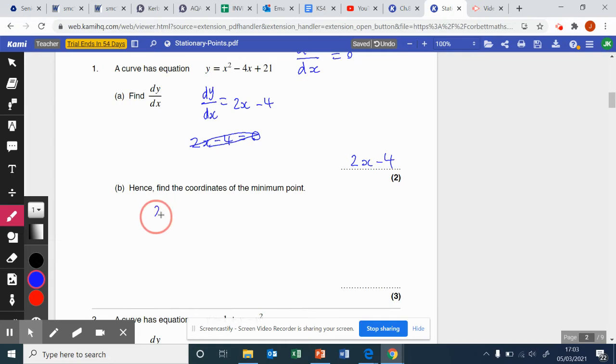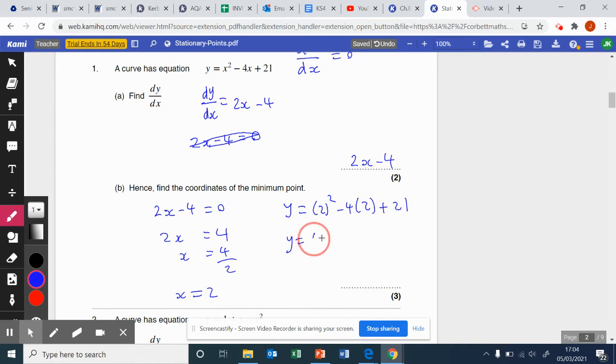So if I say 2x minus 4, which is my dy dx, equals 0, that means that 2x is equal to 4. Therefore, x equals 4 over 2, which means x equals 2. Then, if I substitute that into my original y equation, y is equal to 2 squared minus 4 lots of 2 plus 21.